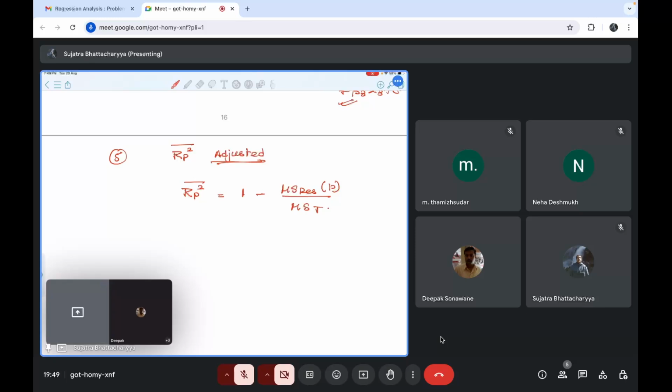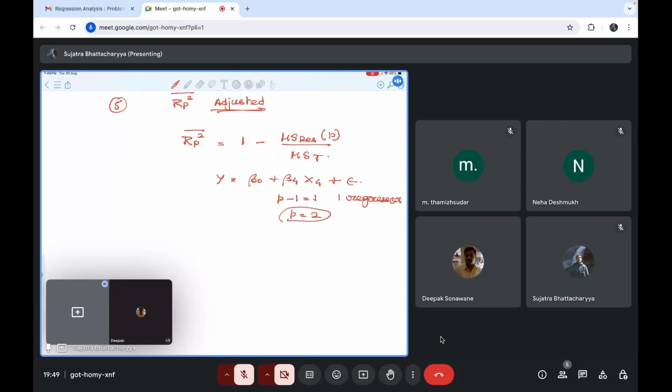So let us calculate this for y is equal to beta naught plus beta 4 x4 plus epsilon. Okay. So you can see that P minus 1 is equal to 1, so P will be equal to 2. 1 regressor.